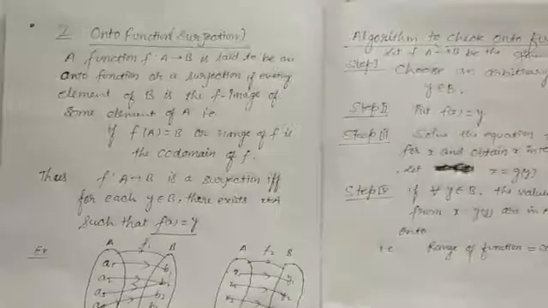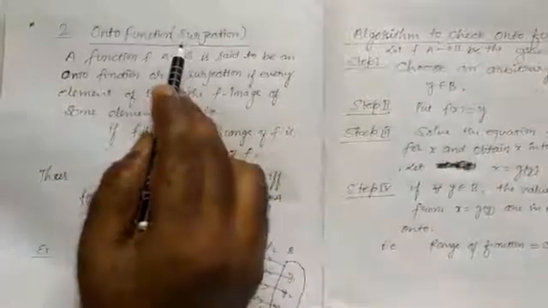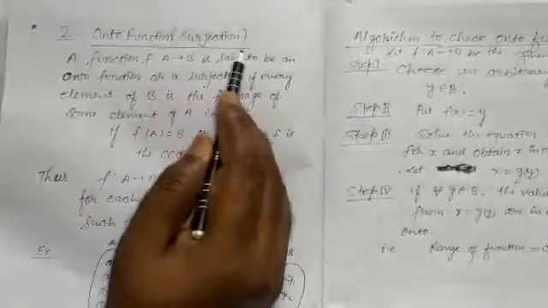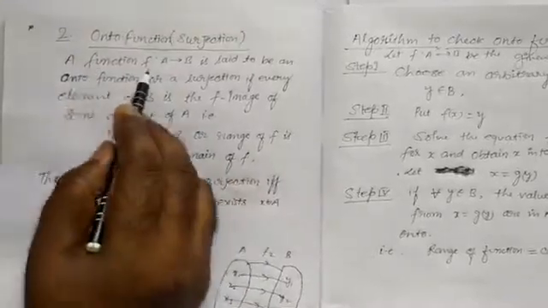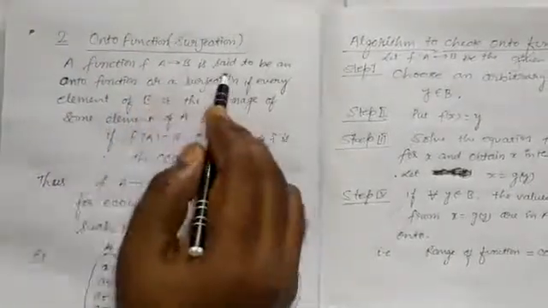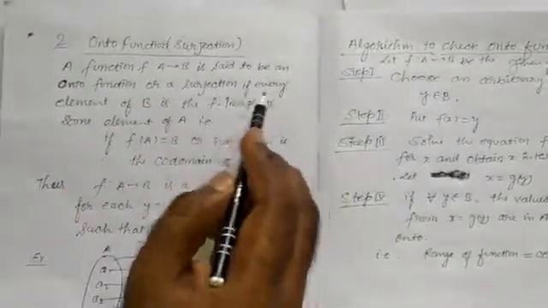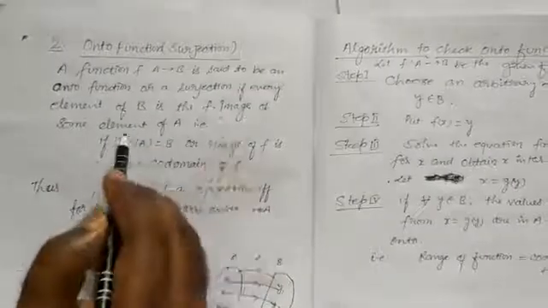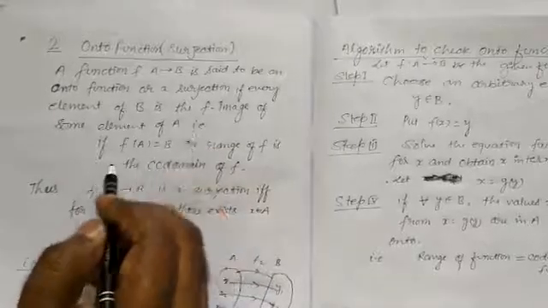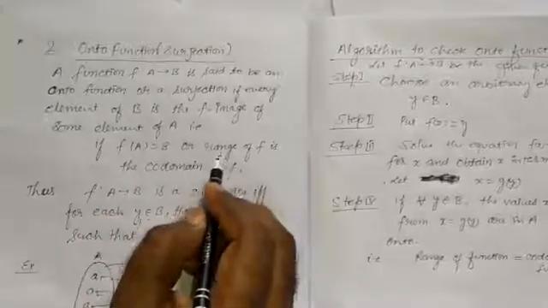Now students, the second type of function is the onto function. An onto function is also said to be a surjection. The definition of the onto function is: a function f from A to B is said to be an onto function or a surjection if every element of B is the f image of some element of A, that is, if f(A) equals B, or the range of f is the codomain of f.